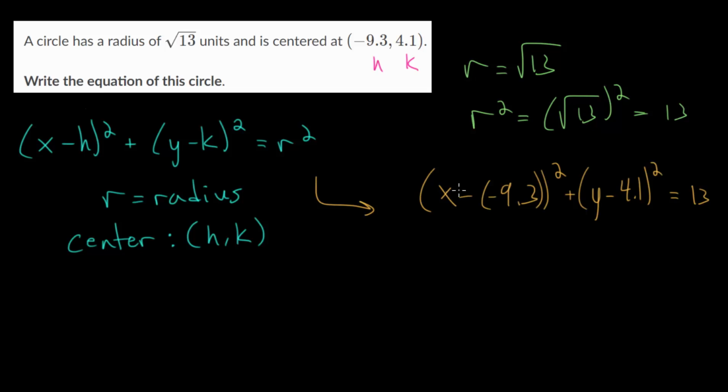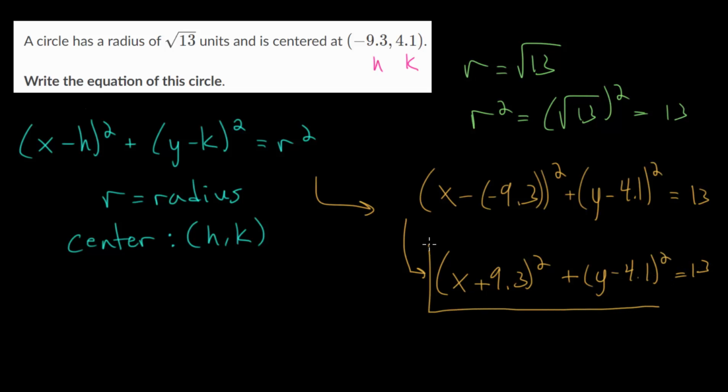So let's just simplify this. Since we are subtracting a negative, this is really x plus 9.3 squared plus y minus 4.1 squared is equal to 13. So this should be the equation of a circle with a center of minus 9.3, comma 4.1, and a radius of the square root of 13.